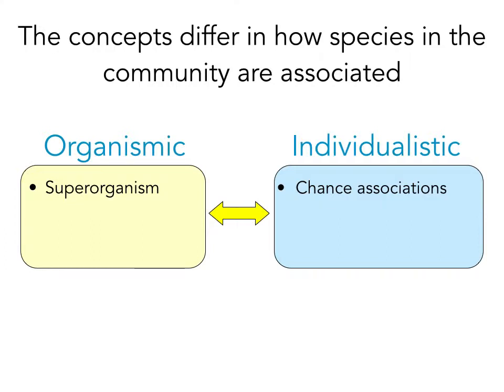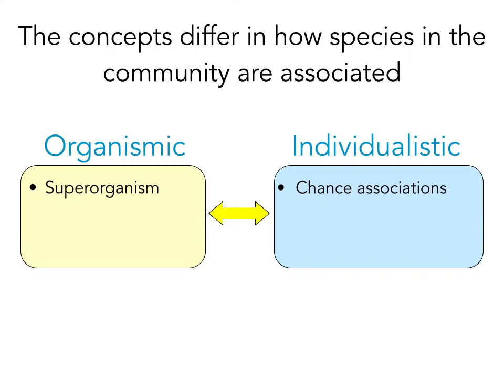So his argument was called the individualistic model because he viewed species as individualistic entities that simply form these chance associations, and that the communities we see today are just snapshots of ever-changing populations of species responding to various factors in the environment.